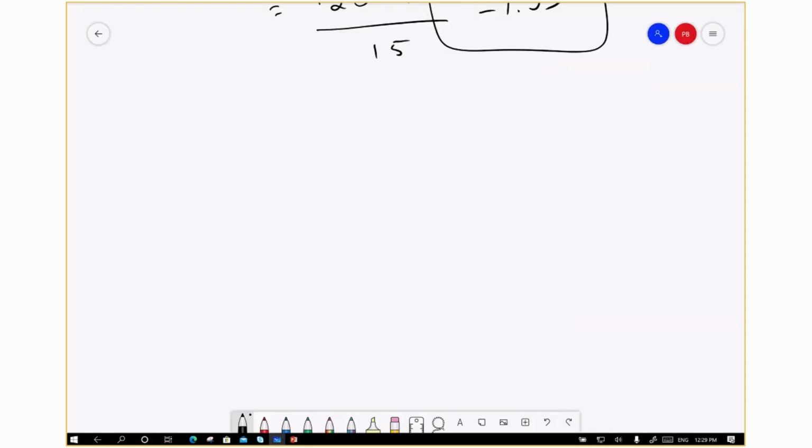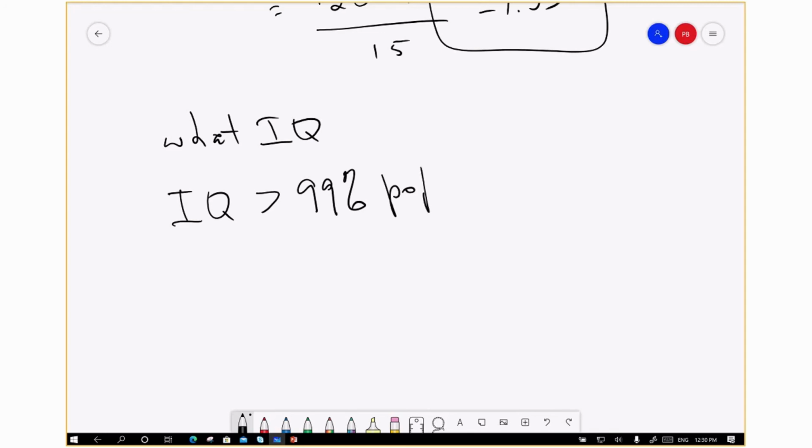So the last problem is to ask ourselves what sort of an IQ would be needed to have an IQ that was greater than 99% of the population. So, as always, we use our formula. Z is equal to y minus mu over sigma.